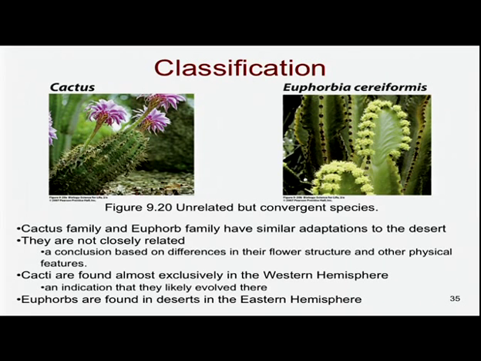To look very similar. So a really good example would be the cactus, which are the desert plants over here on this side of the hemisphere, and something they call the euphorbs, which are in the eastern hemisphere. So if you're in a desert on this side of the world, you see lots of cactus. Cactus evolved to absorb lots of water and hold it, right?